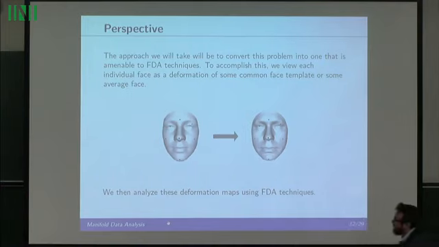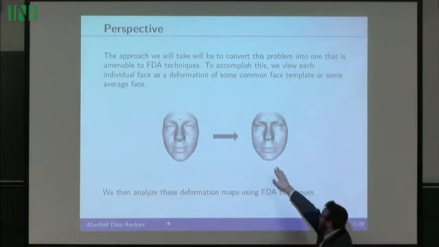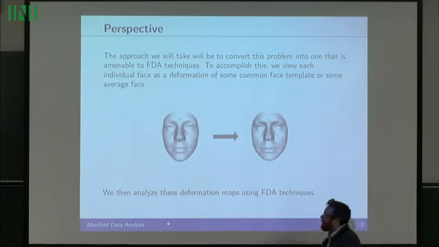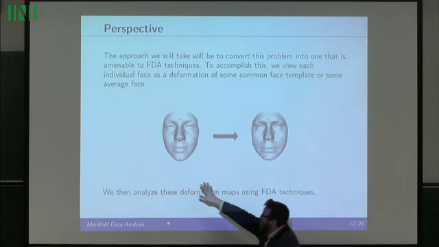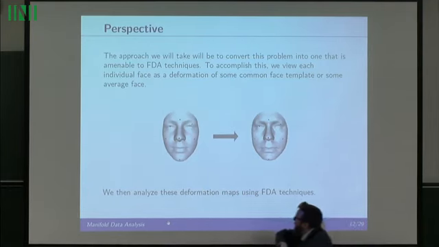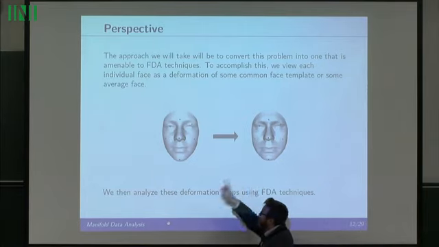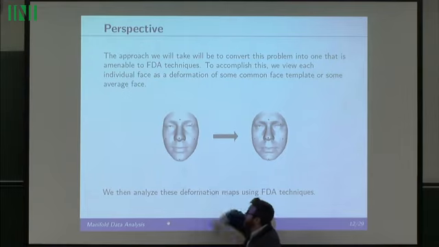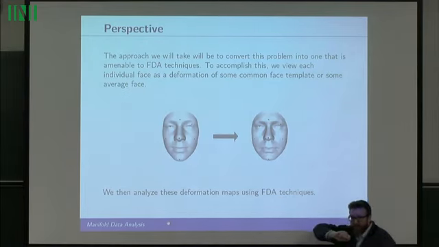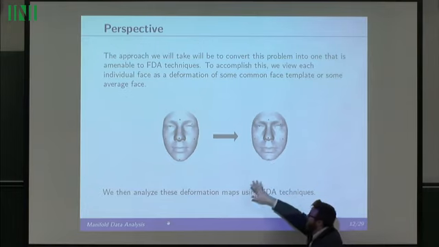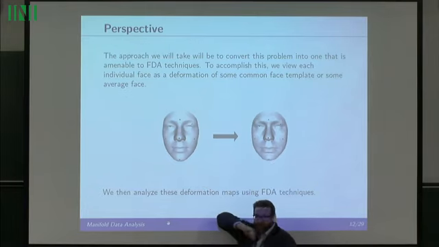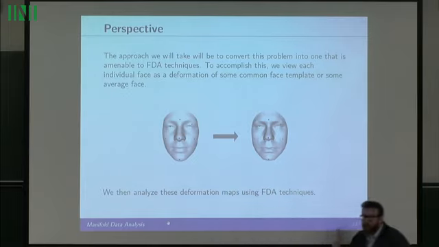So what we're going to do is take each individual face. This is Mark Schreiber, by the way, and this is just an average of the faces. For each of these, we have a correspondence between each of the points here and the points here, so we know which ones to connect. Then we view each face as a transformation of this common, average face, which I think is a reasonable way to think statistically.